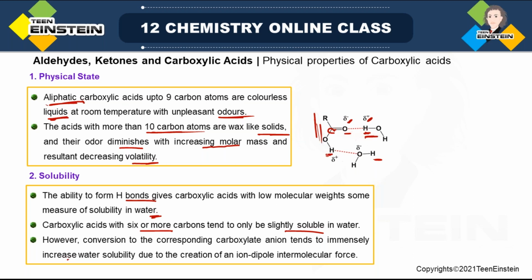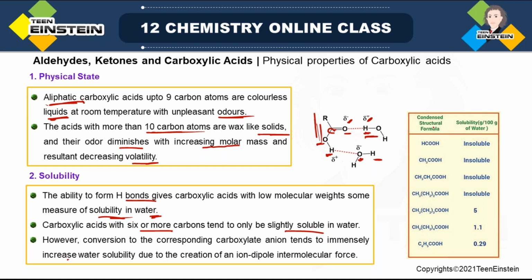And also this H, as it is attached to the electronegative atom oxygen, can also take part in hydrogen bonding. Now this hydrogen of CO2H is interacting with the oxygen atom of a water molecule. So both sides can form hydrogen bonds, and because of this type of hydrogen bonding, there is some solubility in water, but it is max up to 5 carbons, not more than that.